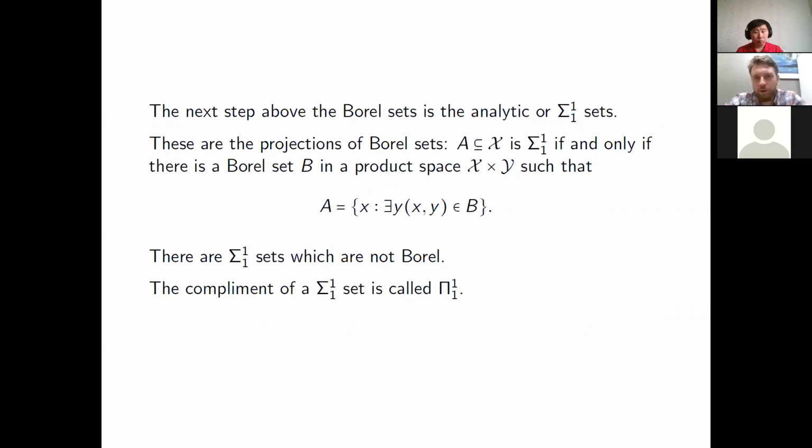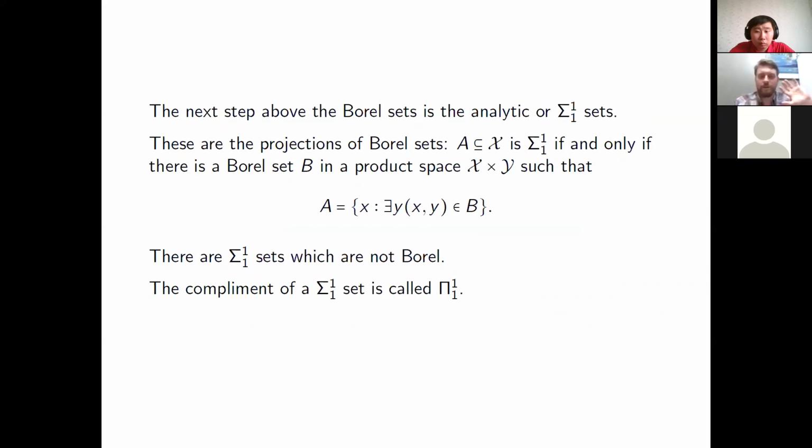A is sigma 1-1 and A is a subset of a Polish space X means that there's a product space X cross Y, and there's a Borel set in this product space that projects down to get you A. So if you're the image of a Borel set, then you might be analytic. It's a level up from the Borel sets. It still has some kind of description, but the description is more complicated.